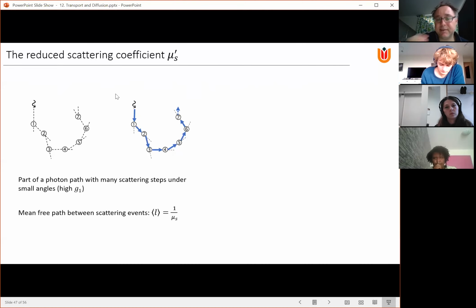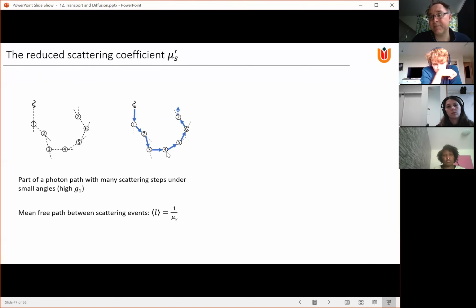Let's say that this tissue has a high scattering anisotropy, which means that the average cosine of the scattering angle will be a large number, which means that the deflection angles on average will be very small. So this photon takes a lot of small scatters, most of the times under small angles, sometimes under a larger one. It can happen, but most of the time it's just small angles.